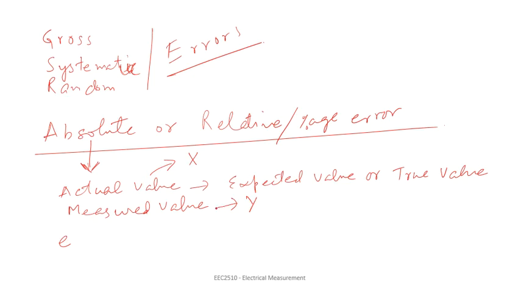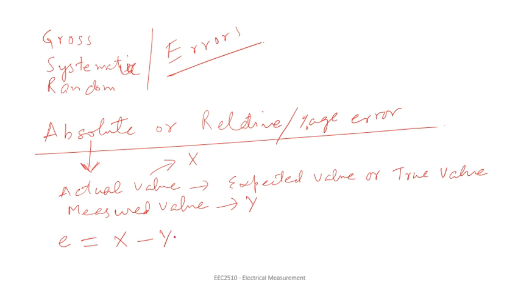So this absolute error will be the difference between this actual value or the true value and the measured value. So e is the difference between the true value, that is x, minus y, since y is the measured value.